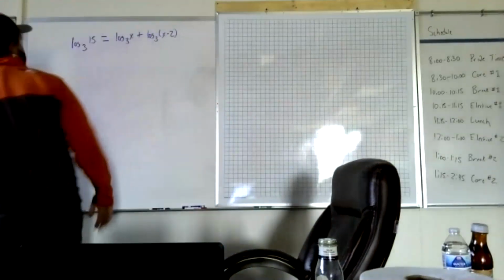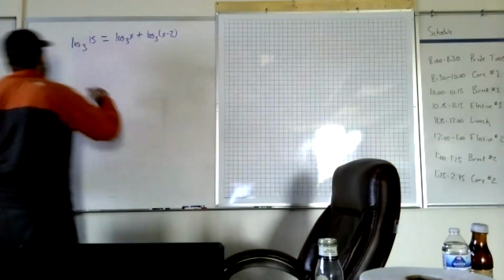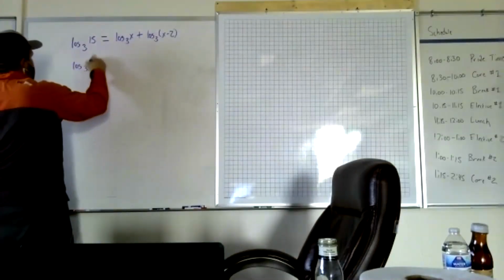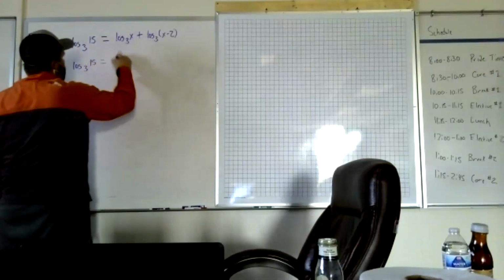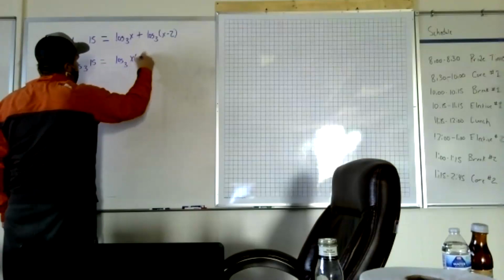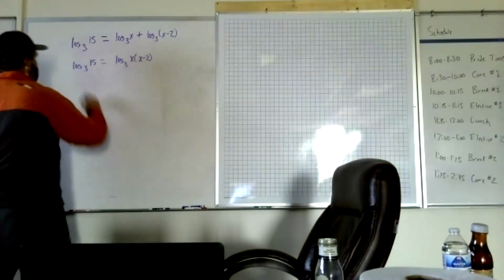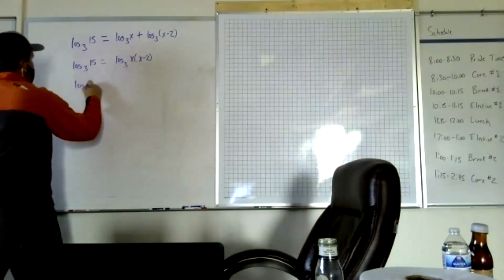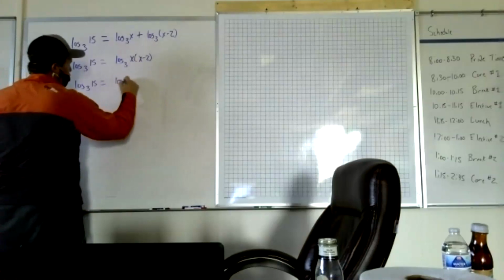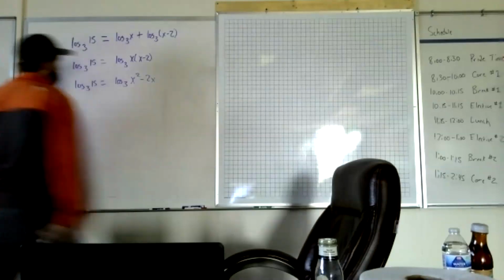Okay, so like I said, first step, reverse the product property to condense these down. So that's log base 3 of 15 is equal to the log base 3 of x times x minus 2. Okay, then I distribute. I get log base 3 of 15 is equal to log base 3 of x squared minus 2x.